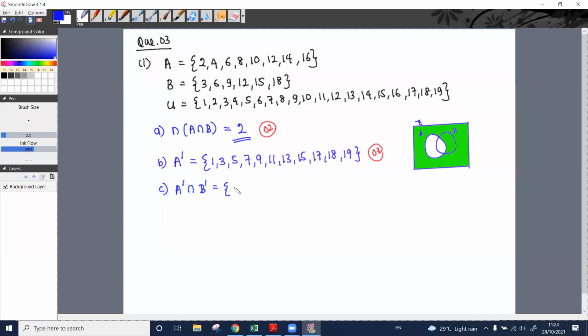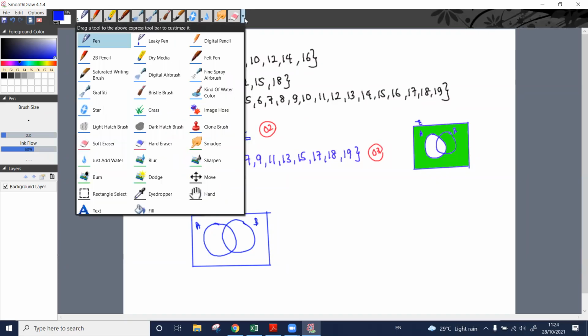I have it here. This is set A and this is set B. A dash: what is that region?